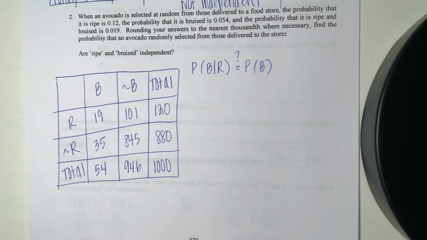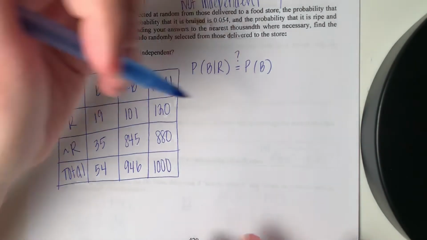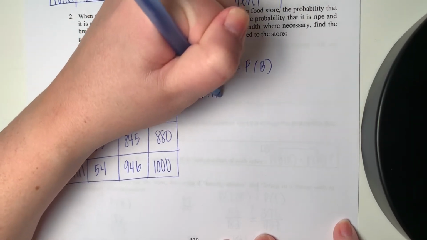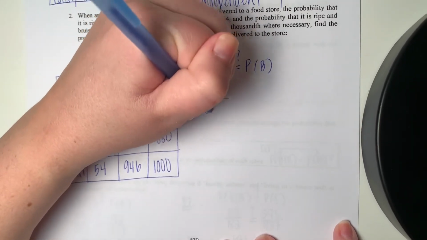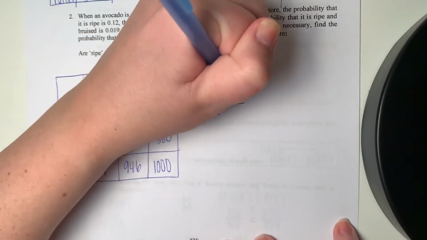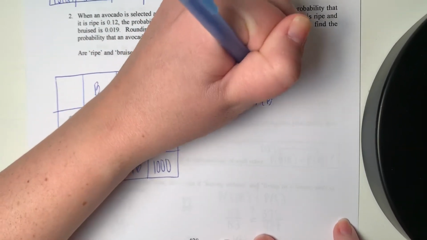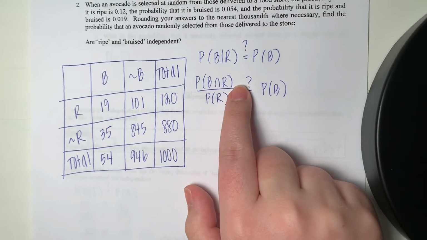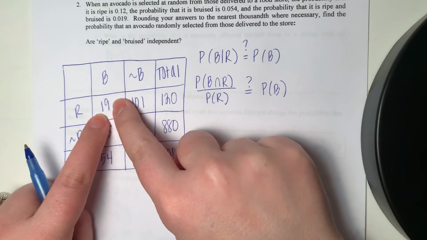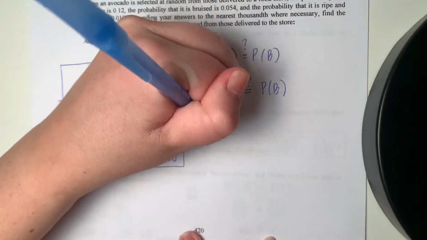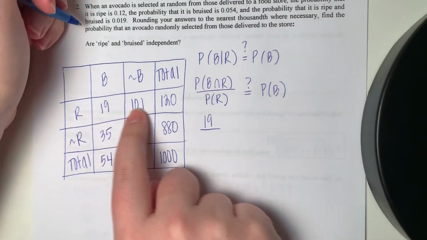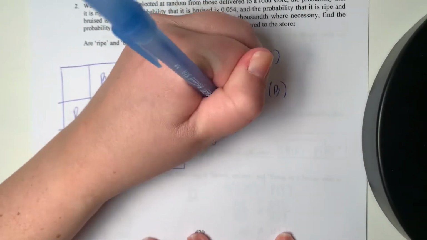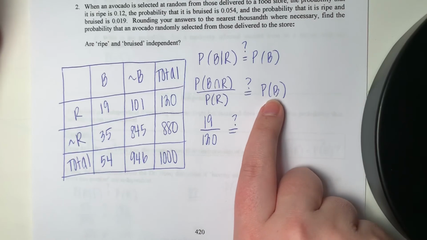Okay. So remember that the probability of bruised given ripe means the probability of bruised and ripe over the probability of ripe. Is that equal to the probability of it being bruised? Okay, so the probability of B and R is here, which is 19, over the probability of it being ripe, which is 120. Is that equal to the probability of it being bruised?